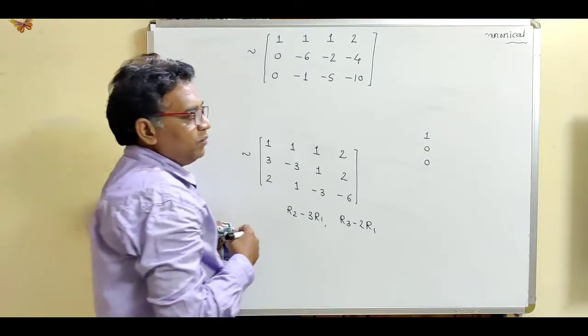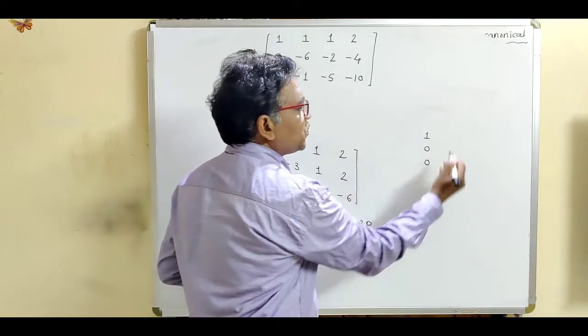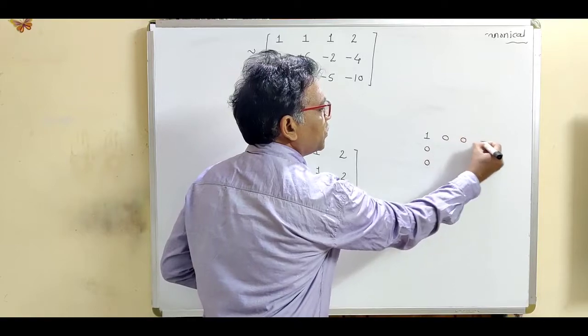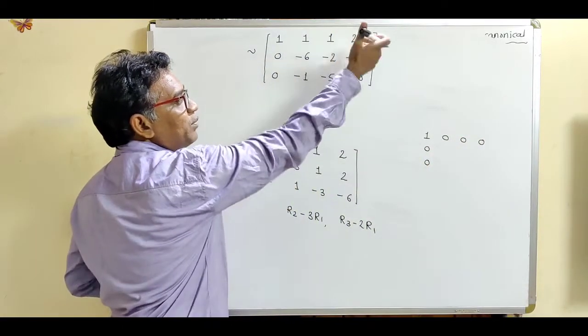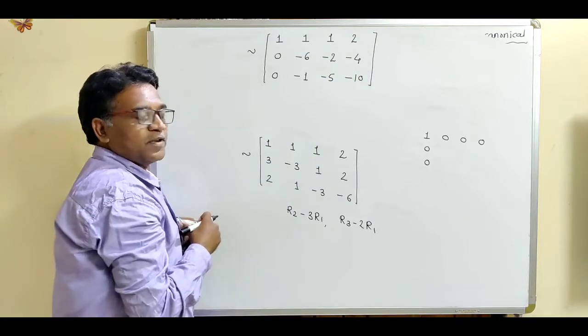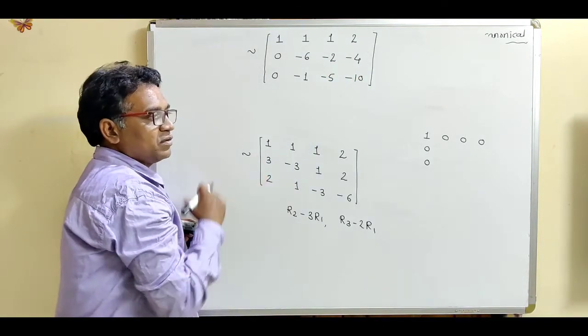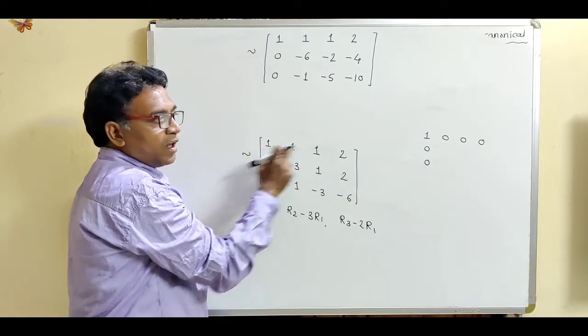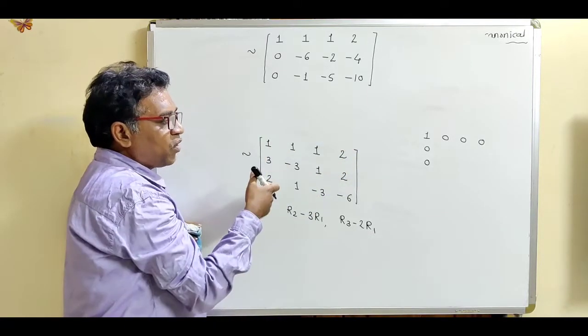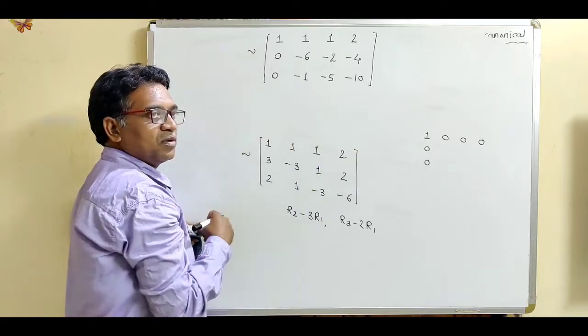Now what is the next step? By using this one, now make the corresponding row 0. Now there are 3 elements. So for these side elements, we always use the column operation. So first of all, remember this step: make the first entry 1. By using 1, make the corresponding column 0 and the corresponding row 0.